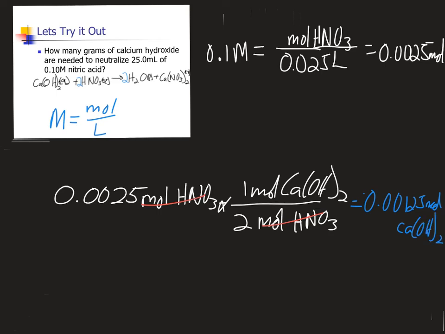Okay, but from there, now what we have to do is I need to convert that value into grams. But how do I do that? How do I convert moles of calcium hydroxide into grams of calcium hydroxide? I have to use the molar mass. Calculating that molar mass is still just such an important part of what we do.